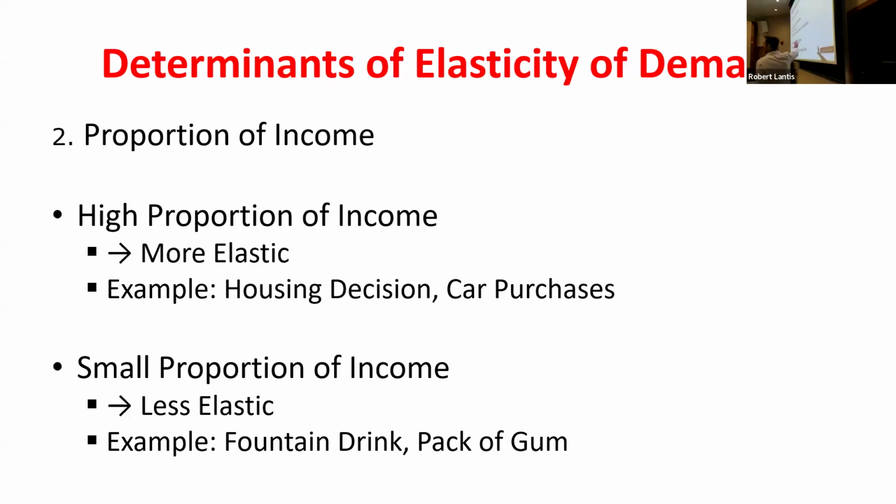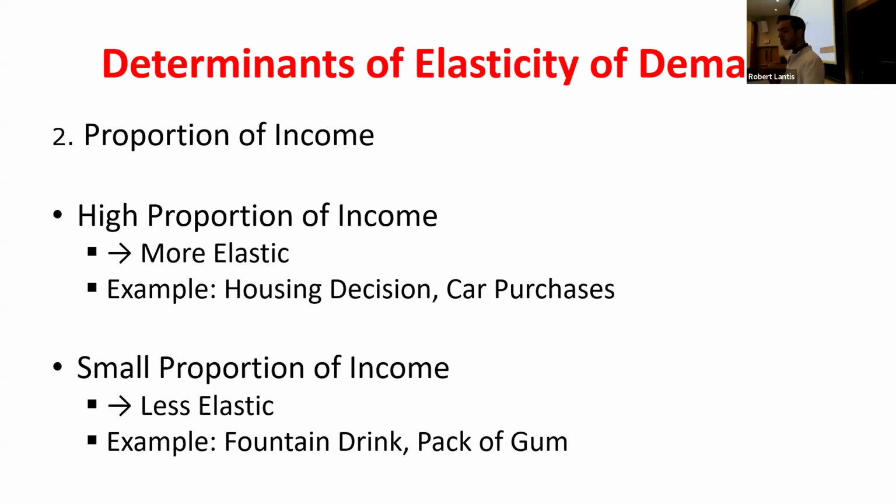So maybe it's easier to think about the small proportion of your income and then the exact opposite if it's a large proportion of your income. Does that answer questions? And once again, try to think of a good where this is relevant to you. Something that is a small proportion of your income and you really aren't that responsive to changes in its price. Any questions before we keep moving here?